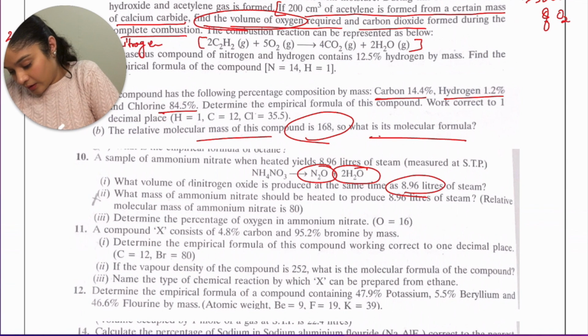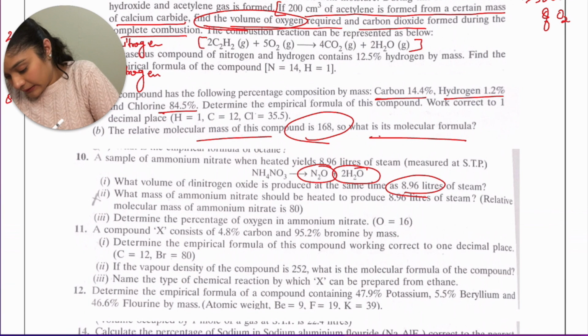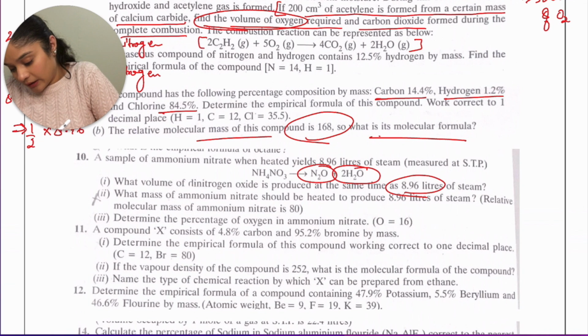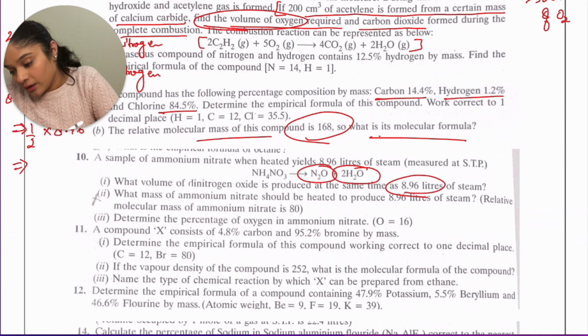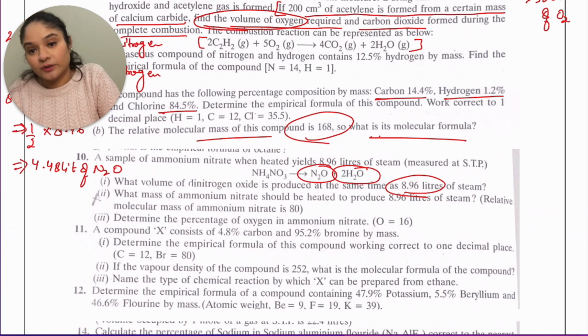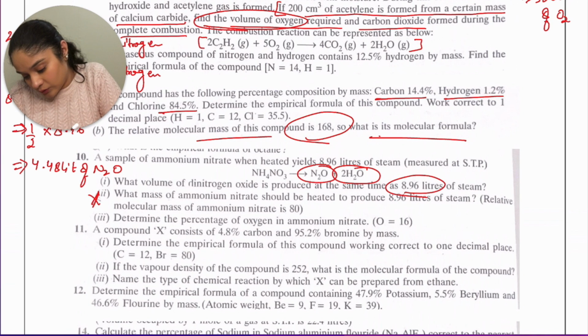So one volume of steam will come along with half volume of dinitrogen oxide, and they are talking about 8.96 liters. So 8.96 liters of steam will come along with 1/2 times 8.96. If I quickly calculate that, that should come out to be 4.48 liters of N2O. So this is the answer for the first part. Then the second part is not in the syllabus, I have cut that out.